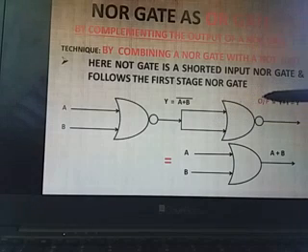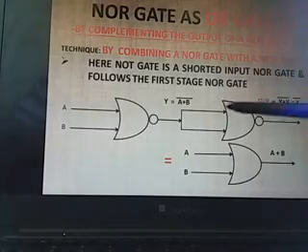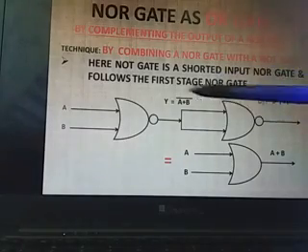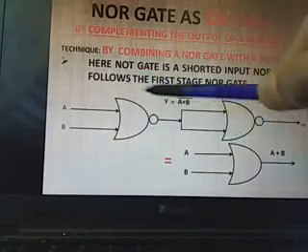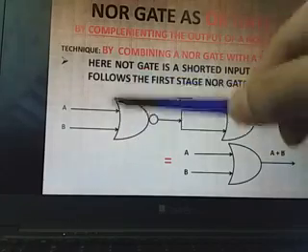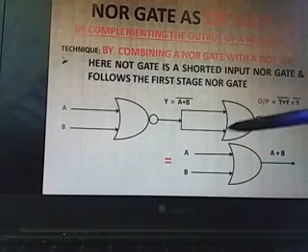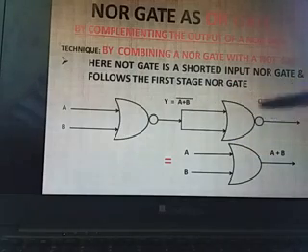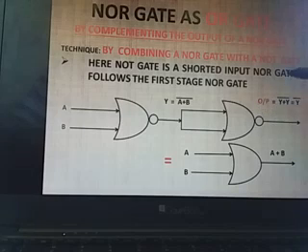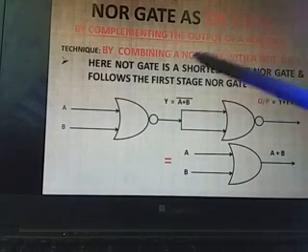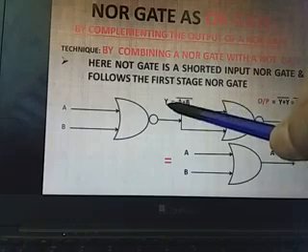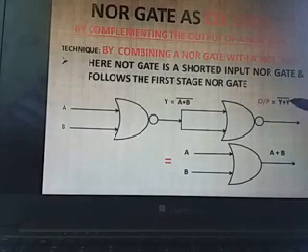Now, what will be the output over here? When we provide the output of this first stage NOR gate to this second stage single input NOR gate, our output will be, observe, complement of y plus y.